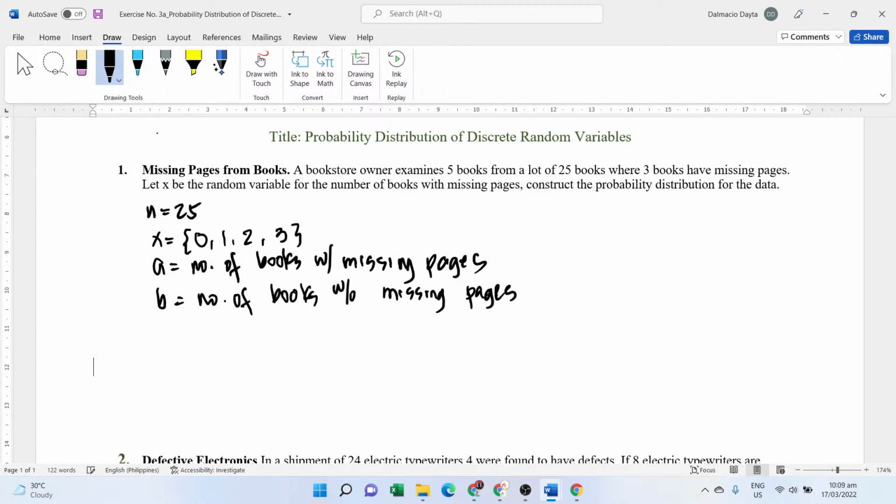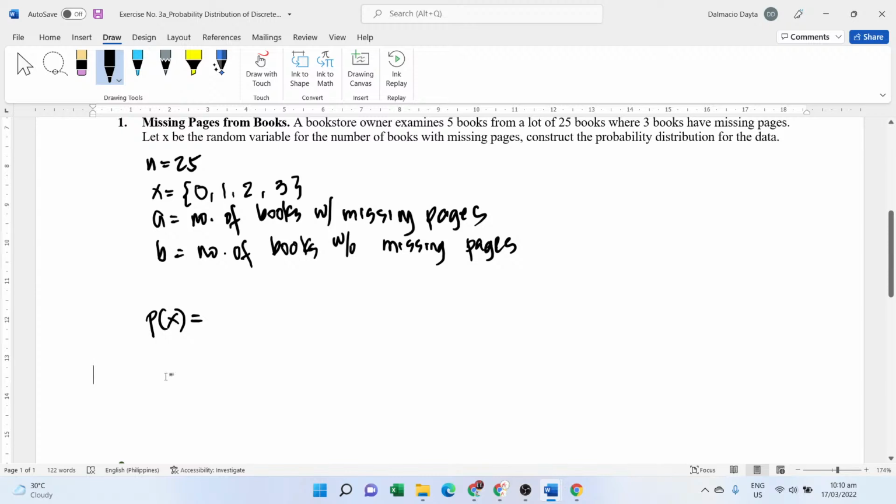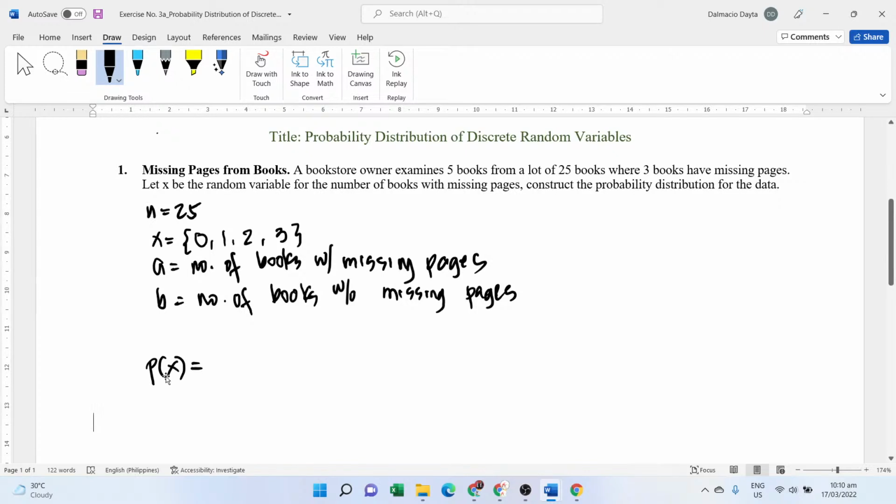Now, from the video lesson, we learned that the probability for x will be, ano yung probability natin? So if we have 3 books with missing pages, then the number of books with missing pages will be 3.